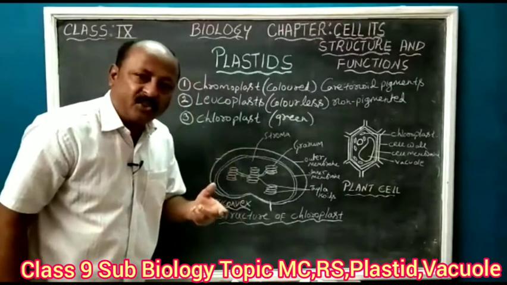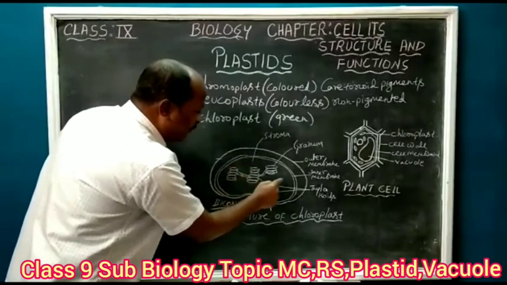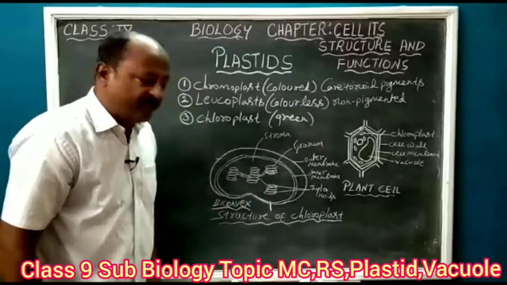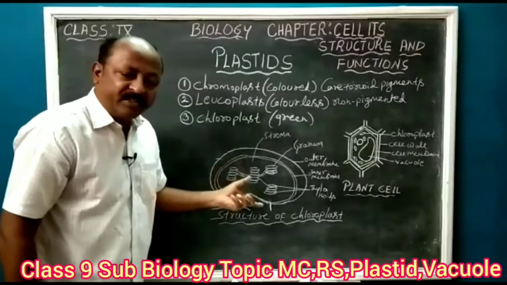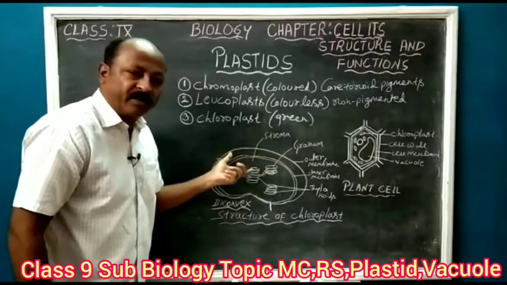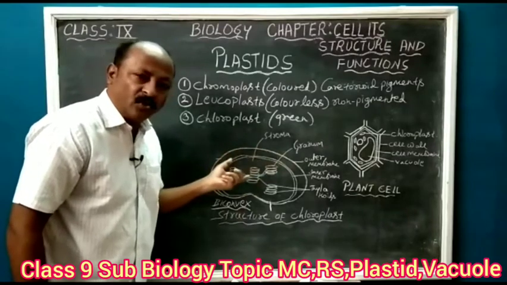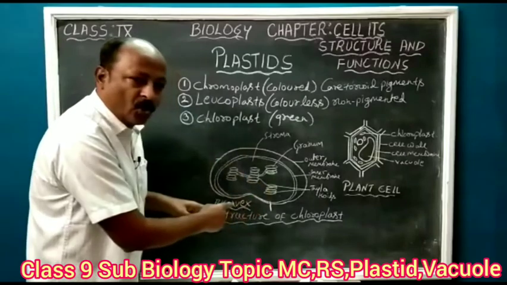The second part is stroma. So stroma, it is colorless. It does not have any pigment inside that. So that is the stroma. So chloroplast has got two parts, granum and stroma. Grana and stroma. So this is the structure of the chloroplast.